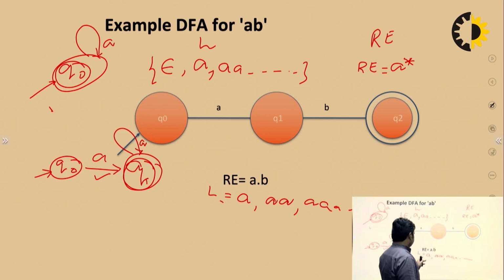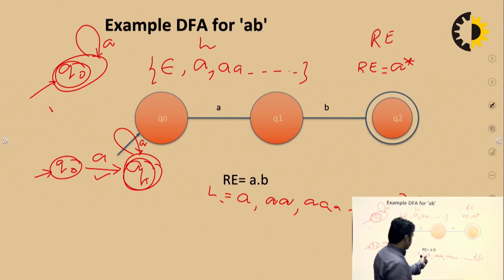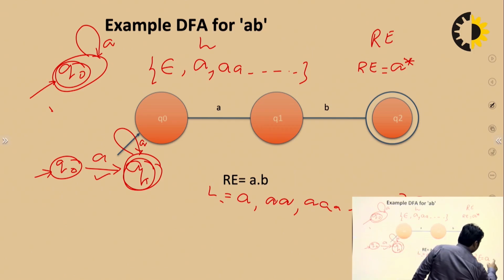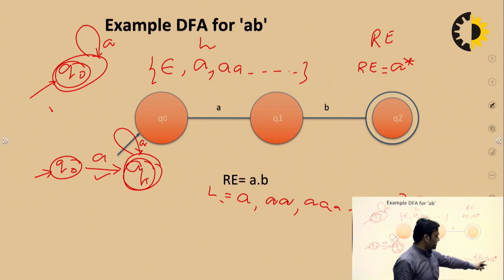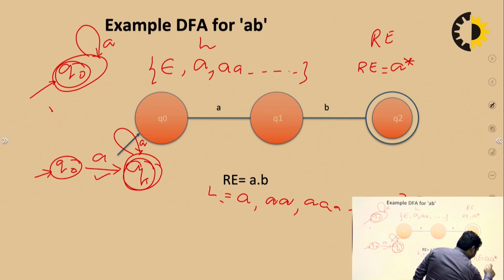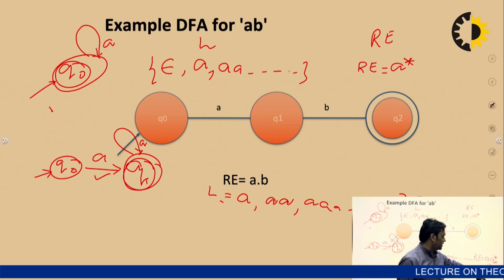So this is the language for this finite automata, and the regular expression we write for this is A star. A star means any number of A's will be accepted. We can also write it as A plus, meaning a string that starts with A, at least one A.